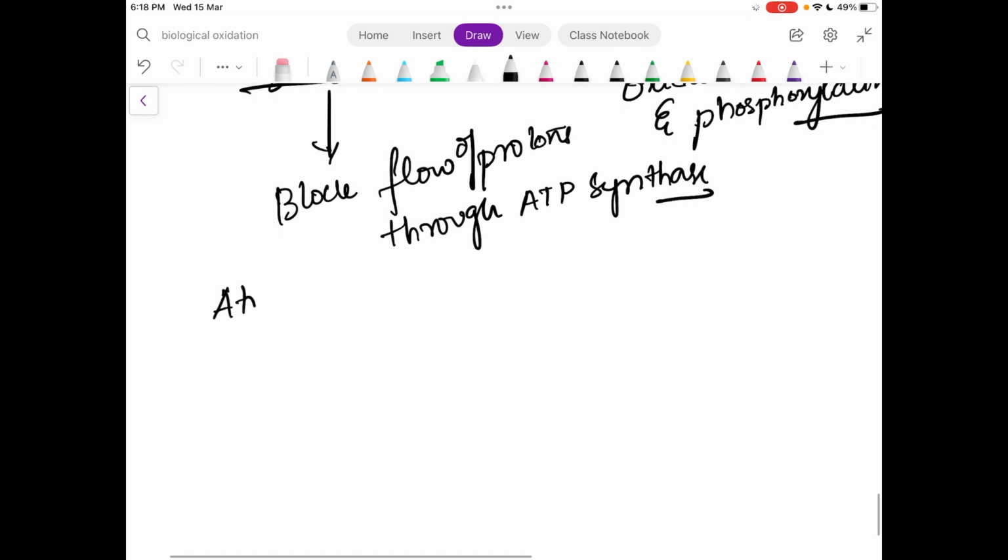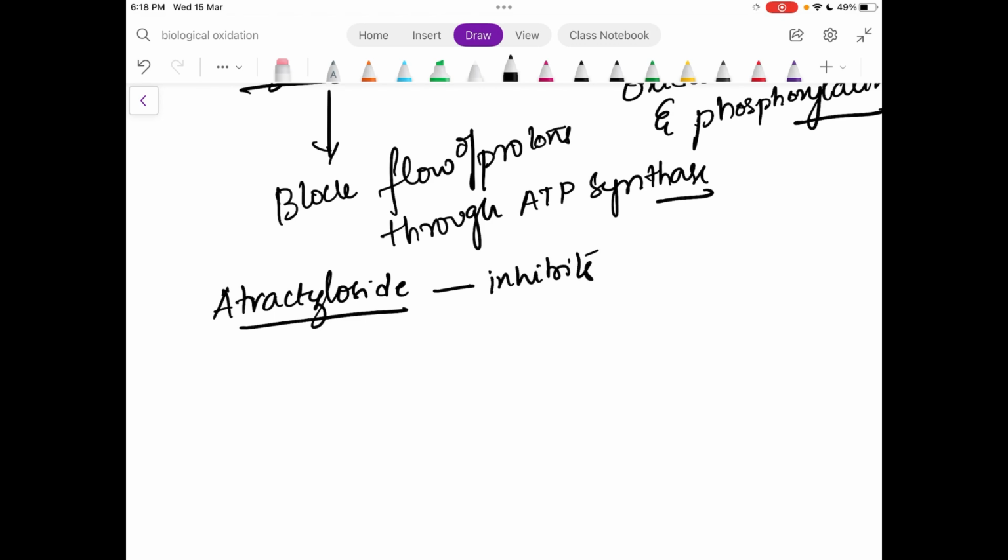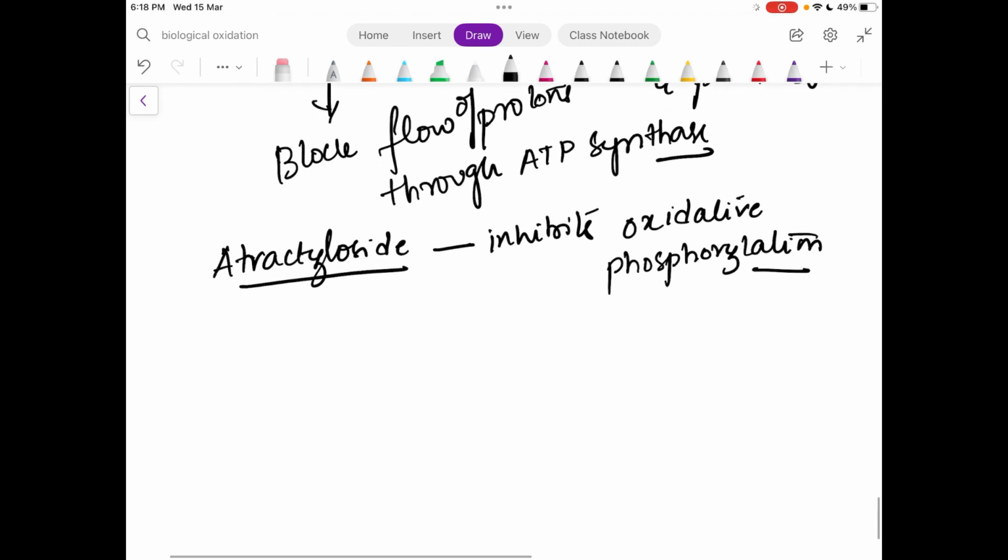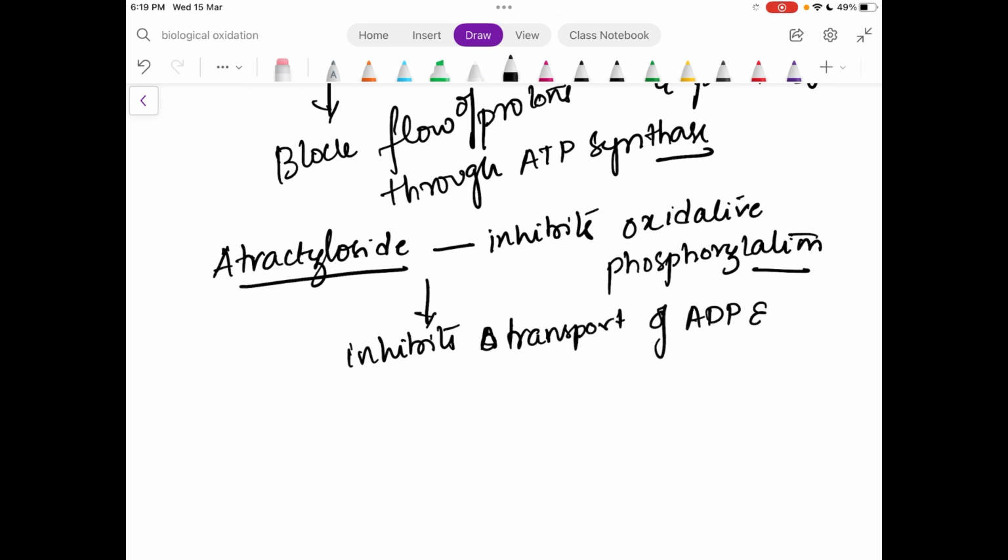Next, atractyloside. This inhibits oxidative phosphorylation by inhibiting transport of ADP, that is ADP in and ATP out.